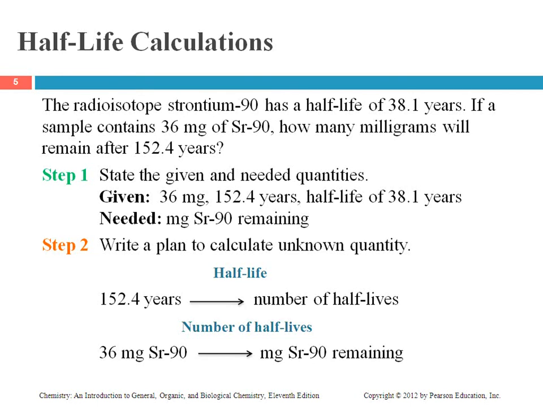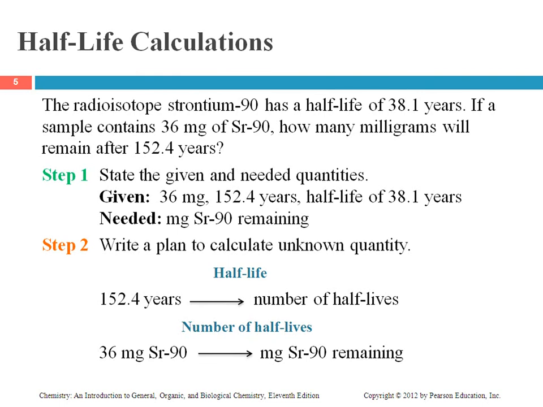If we have a sample that contains 36 milligrams, then how many milligrams will remain after 152 years? So basically, we're going to state what we're given. We have 36 milligrams, 152 years, and a half-life of 38.1 years. We need to find milligrams remaining.